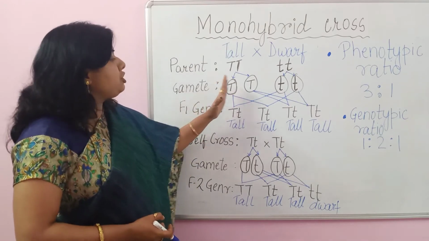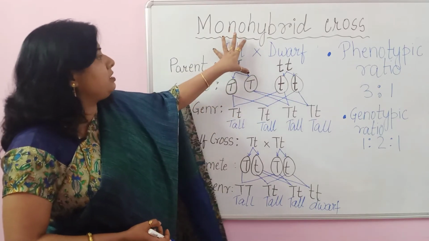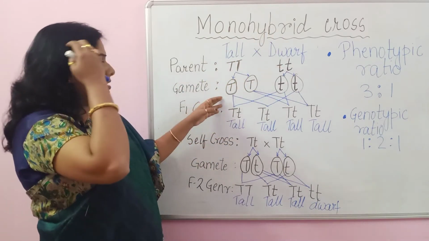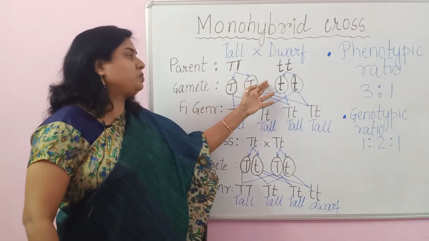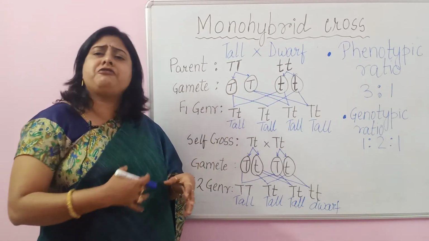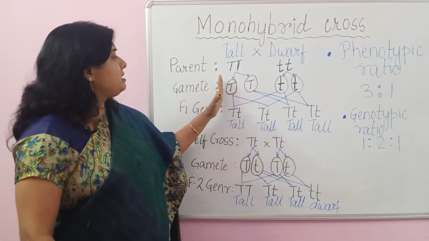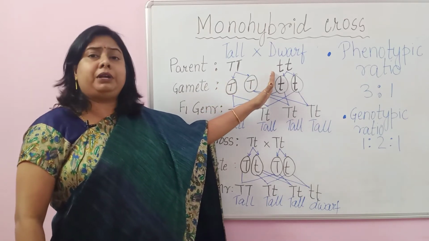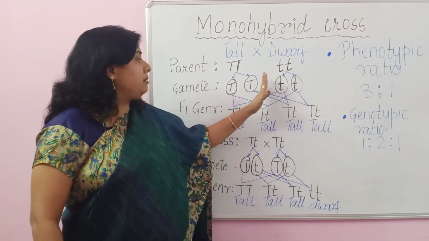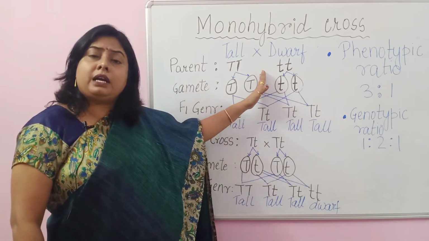Now, each gamete denotes a male or a female or vice versa in this particular case. These gametes will fuse during fertilization at random. Say this gamete can fuse with this gamete, or with this gamete, and the same for the capital T.